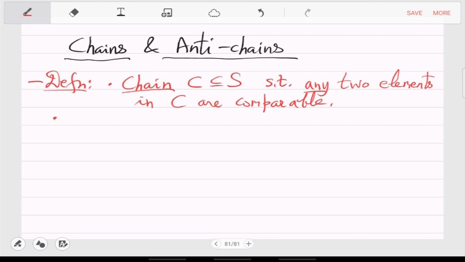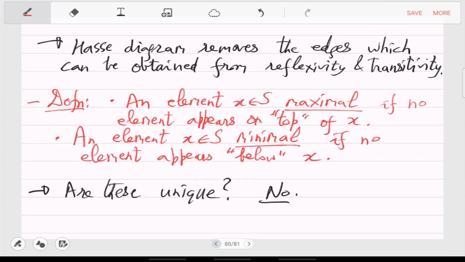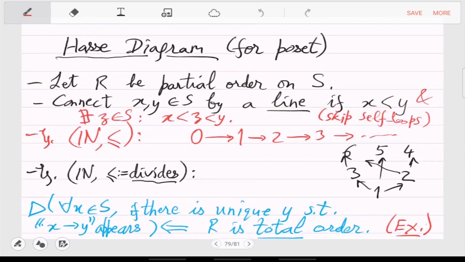What's an anti-chain? So anti-chain A is a subset of S such that, so let's see the example first. Anti-chain will be, yeah, 2 and 5 or 3 and 4. The property is that no pair of elements are comparable. That's an anti-chain.